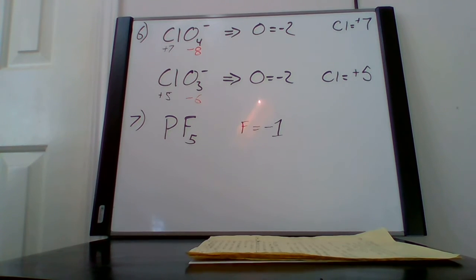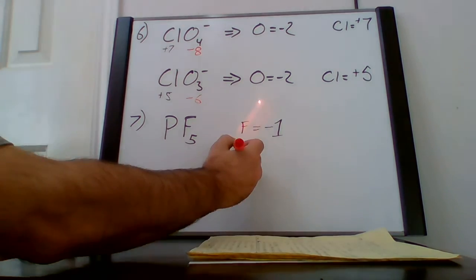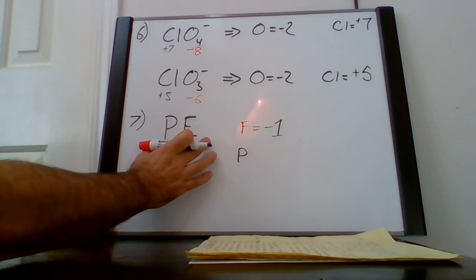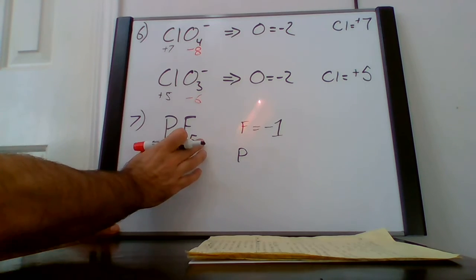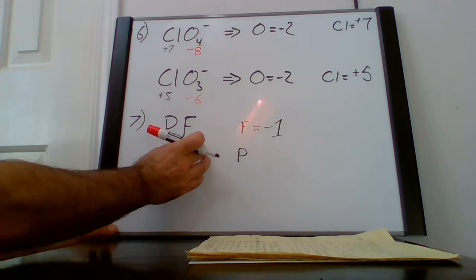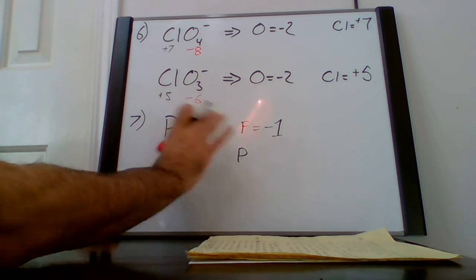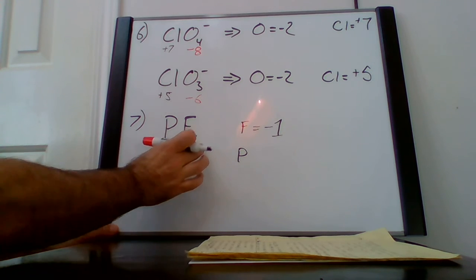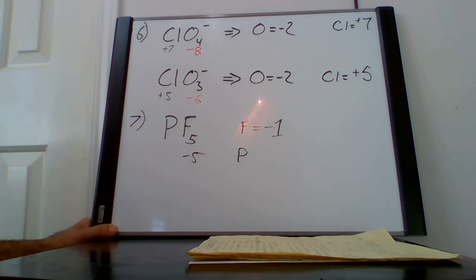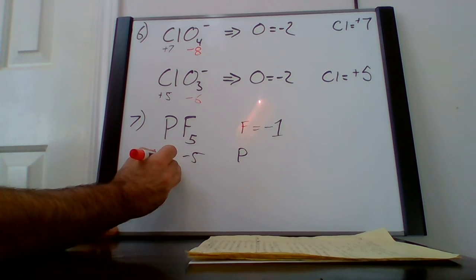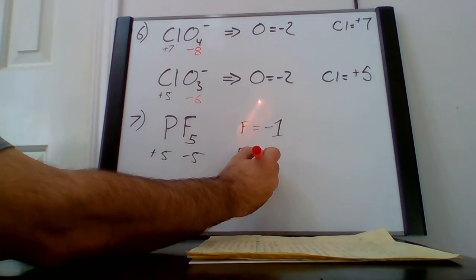Okay, so since I'm dealing with a compound here that has no charge, I have to add up all of this to equal 0. I have 5 -1 elements, so that must mean I have a -5 for my fluorine. That means I must have a +5 for my phosphorus.